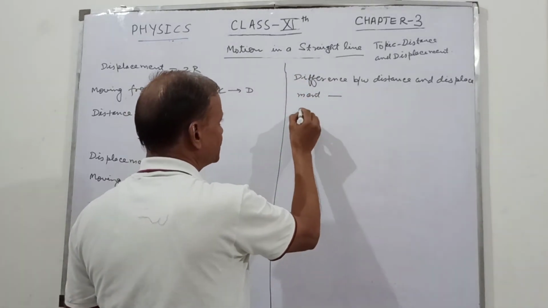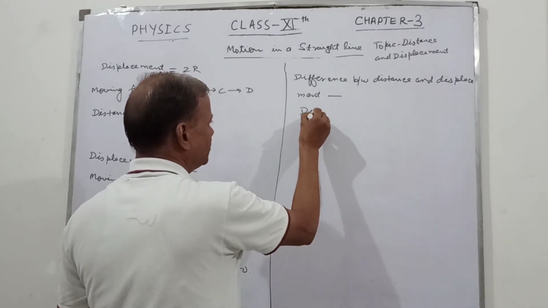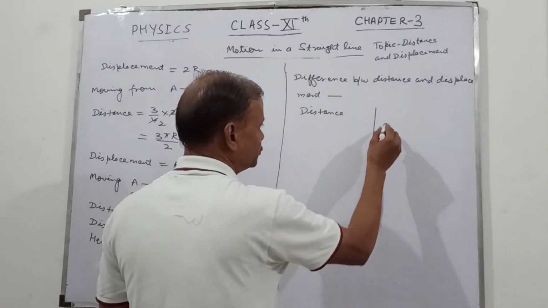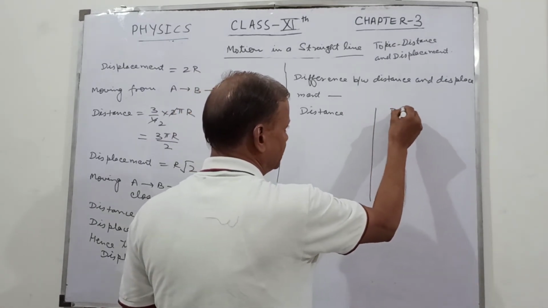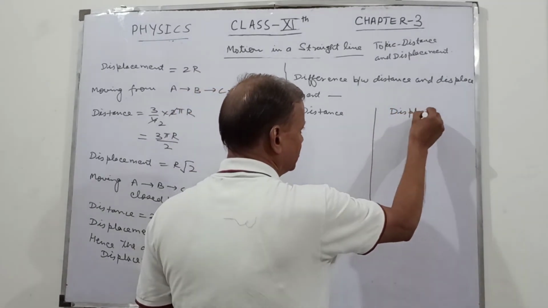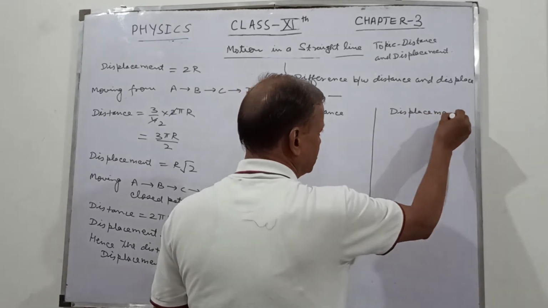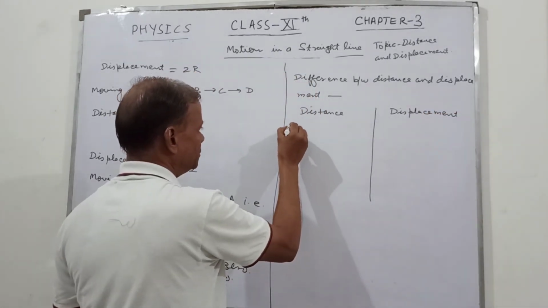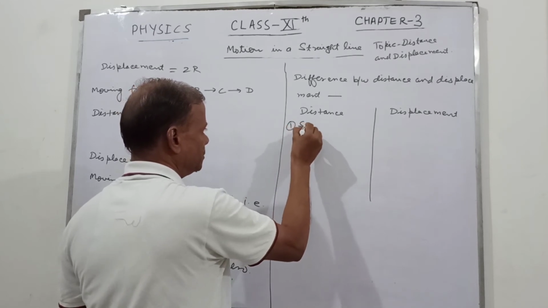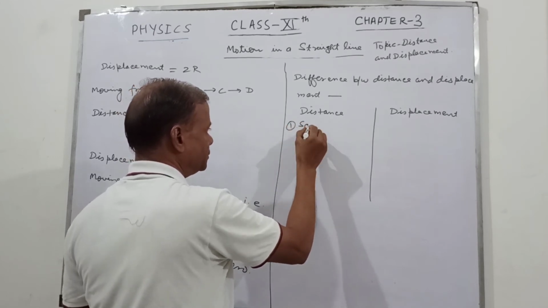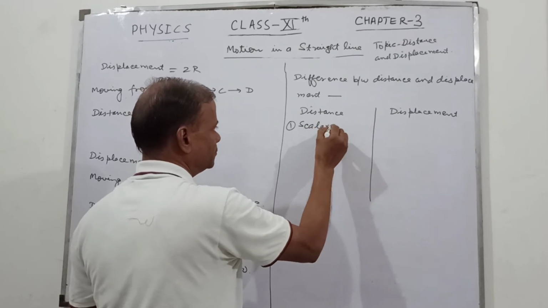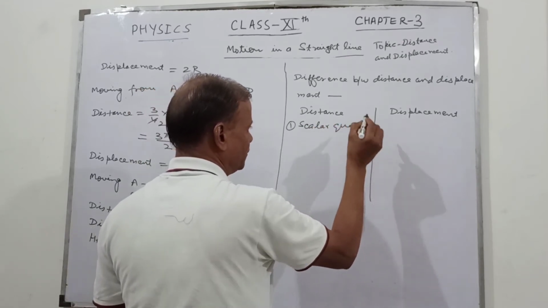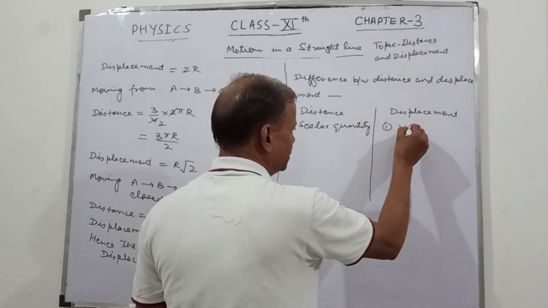Now suppose this is your distance and this is your displacement, then what is the difference? That this is the scalar quantity and this is the vector quantity.